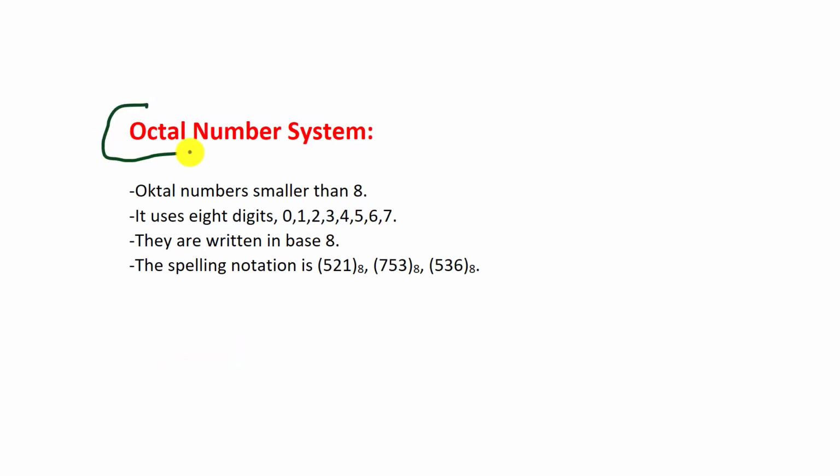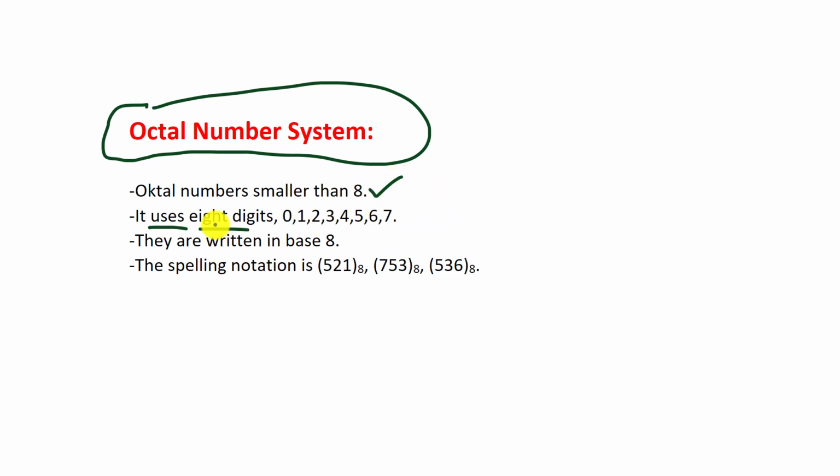Another number system is the octal number system, and these numbers are smaller than 8. It uses 8 digits, which are 0, 1, 2, 3, 4, 5, 6, 7, and they are written in base 8. The base must be 8.